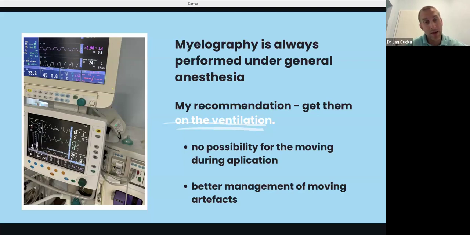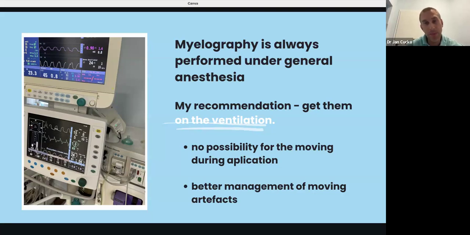And for good visualization and minimalizing some movement artifacts, it's necessary, in my field of view, that they have to be ventilated. Why is it better?